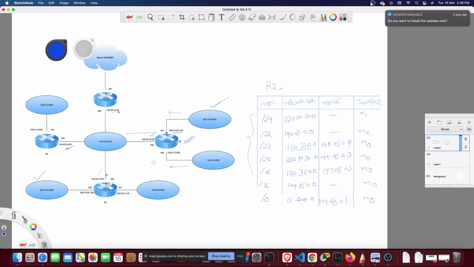Okay. This router is aware of these three different networks, including itself, but it doesn't know any network beyond this, the internet. In such a case, we include the rest of the networks as a default gateway.